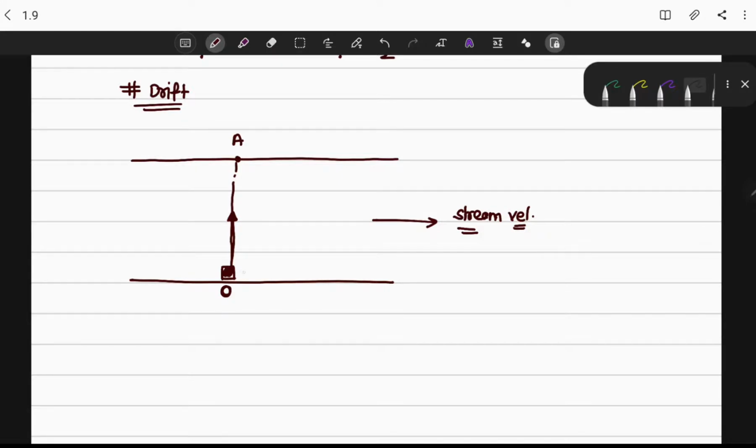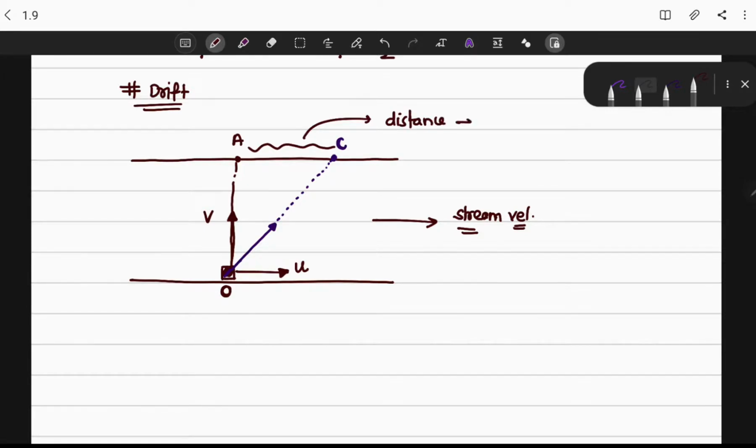Now let us consider that there is a stream velocity v in this direction. Then it will move with the resultant vector in this direction and end up reaching this point, let us say C, and this distance A to C is called the drift. I hope the drift is clear.